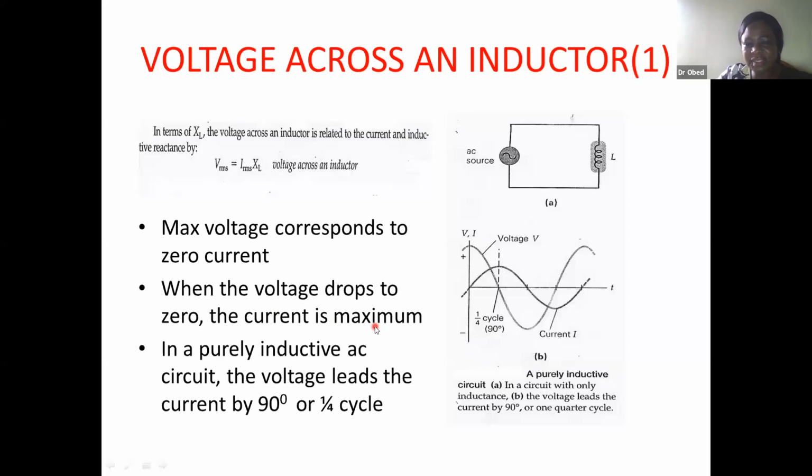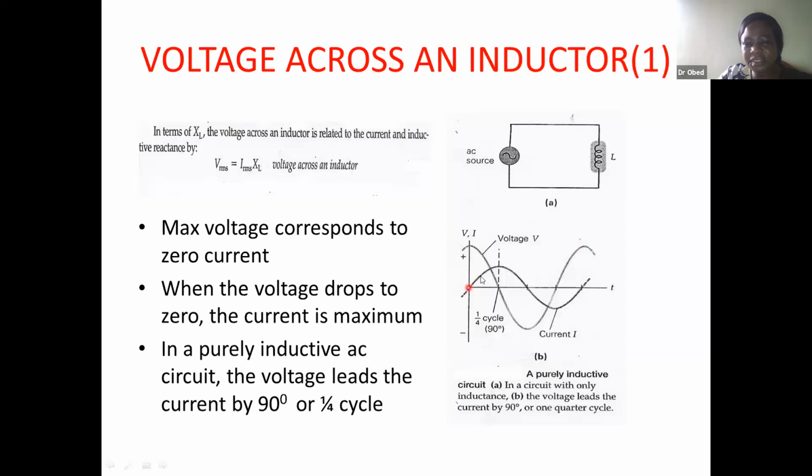So you can see that in a purely inductive AC circuit, that is, in a circuit with only inductance, the voltage leads the current by 90 degrees or by 1/4 cycle. This is the voltage.